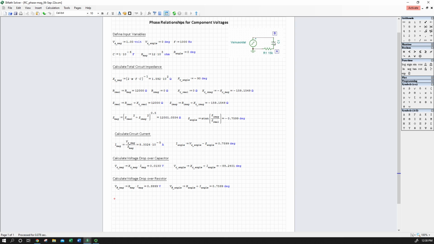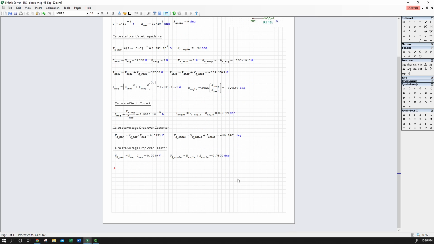Then we take that away with capacitive reactance and resistive dissipation, and we should come back to where we started. So the combination of the voltage drops over the capacitor and the resistor should equal the voltage rise that we imposed with the source. Let's see if that's true.